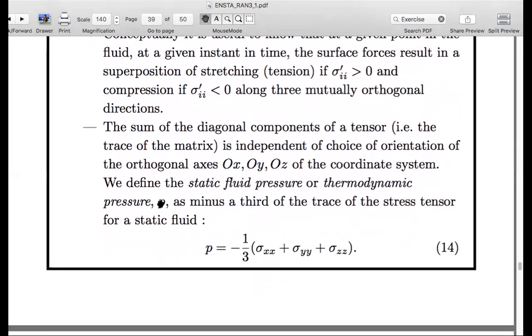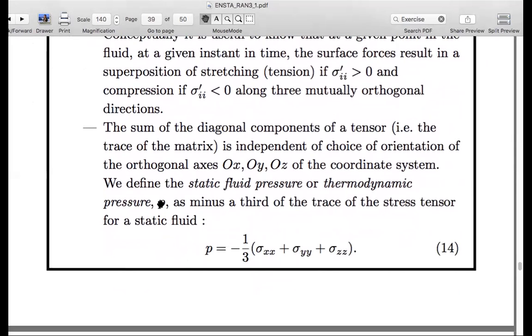Maybe I just have time to tell you how we define pressure in a fluid. Well, pressure is related to those normal stresses, right? Because pressure is trying to squeeze the fluid parcels. So it's a normal force and normal stress.